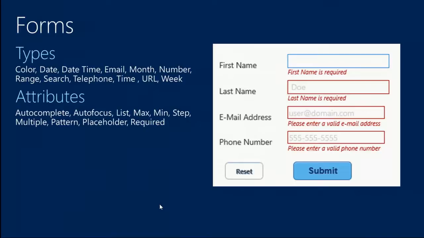Instead of just input type text, you can do input type equals telephone, that kind of thing. And then there's a bunch of new attributes that go along with these that make them much more like the controls that we're used to, like autocomplete, autofocus, required, placeholder, things like that, allowing you to make a much richer kind of form for user input than we've typically had in the past.